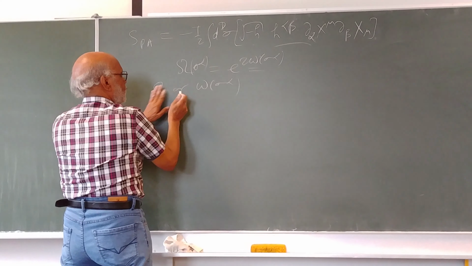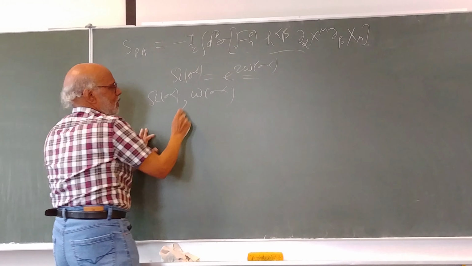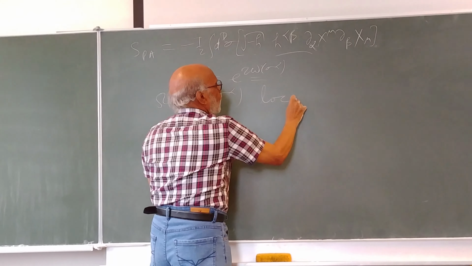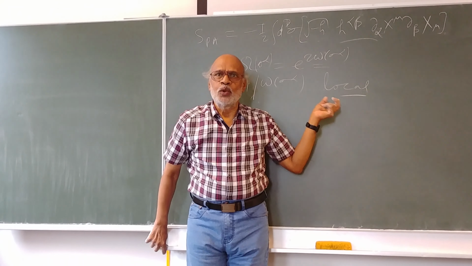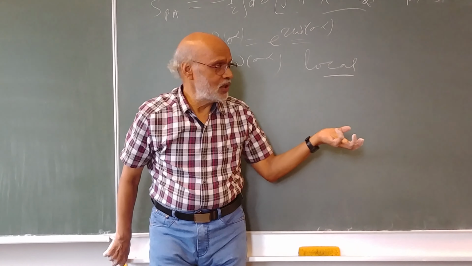Both are functions of sigma alpha, and these are local. The gauge parameter is local. Why? It depends on the local coordinates, sigma alpha, which are the worldsheet coordinates.